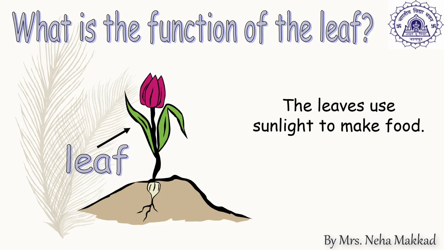So now children, in the beginning of the lesson, I have told you that a plant requires a lot of things to grow, such as the sunlight, the mud, water, etc. So the leaves make use of the sunlight and make food inside the leaf, which is used by the plant to grow.